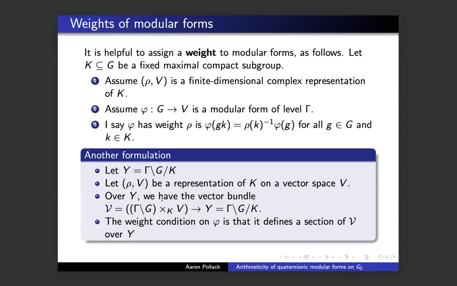So technically speaking, I just write G mod gamma times V, and I identify K acting on the right of G mod gamma with K inverse acting on the left of V. And this gives me a vector bundle, V over Y, where Y is the locally symmetric space. And the weight condition on phi is just exactly that it defines a section of this vector bundle over the locally symmetric space.